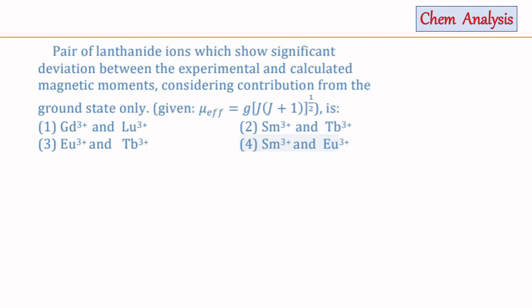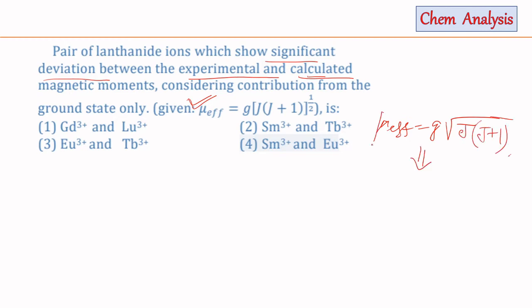Now this question was asked from lanthanide elements, and here you have to tell about the pair for which there is a significant deviation between the experimental magnetic moments and calculated magnetic moments. That is calculated from this equation: mu effective is equal to g into root over J into J plus 1.